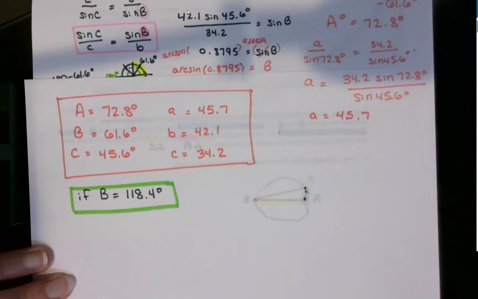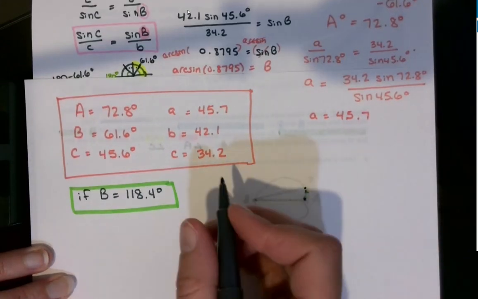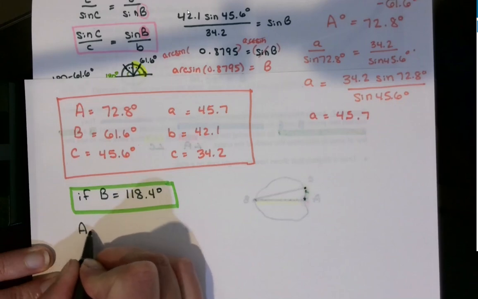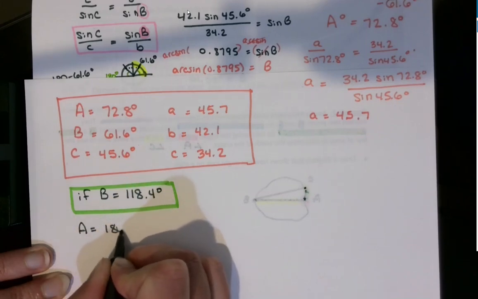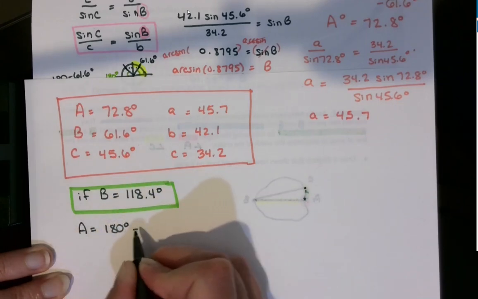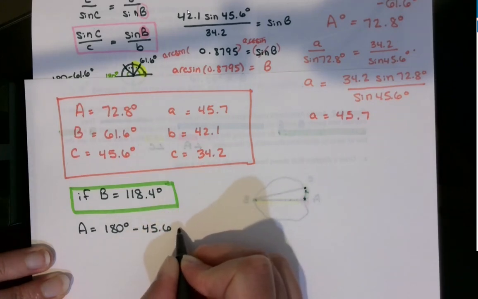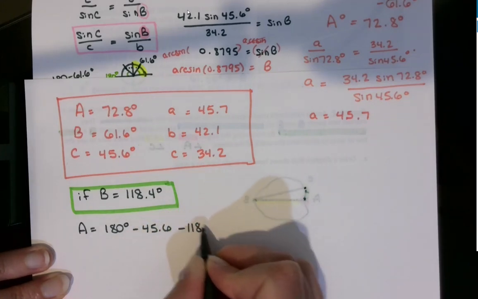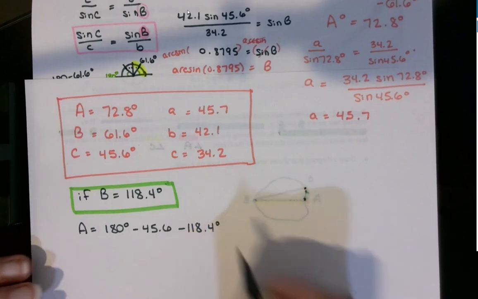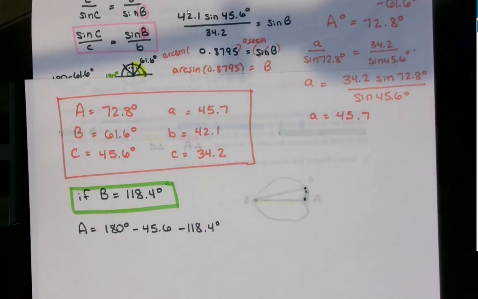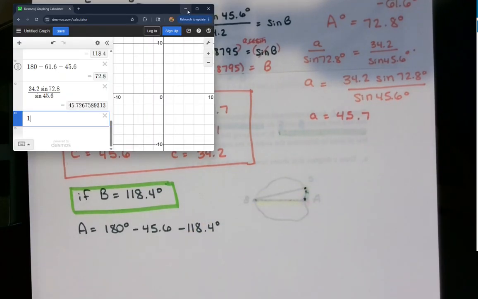Well, in this case, I can find that angle A would have had to be 180 degrees minus the 45.6 from angle C minus the 118.4 degrees from angle B. So angle A is 180 minus 45.6 minus 118.4.